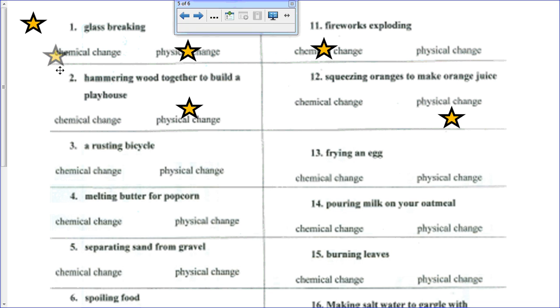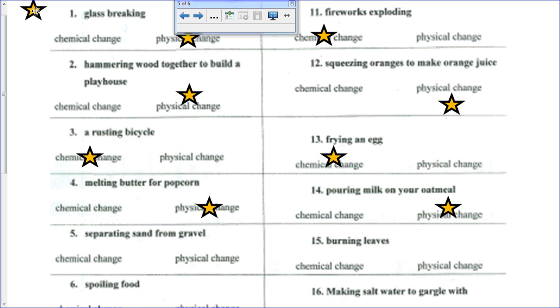A rusting bicycle is a chemical change. Frying an egg is a chemical change. Melting butter for popcorn is a physical change. Pouring milk on your oatmeal is a physical change.